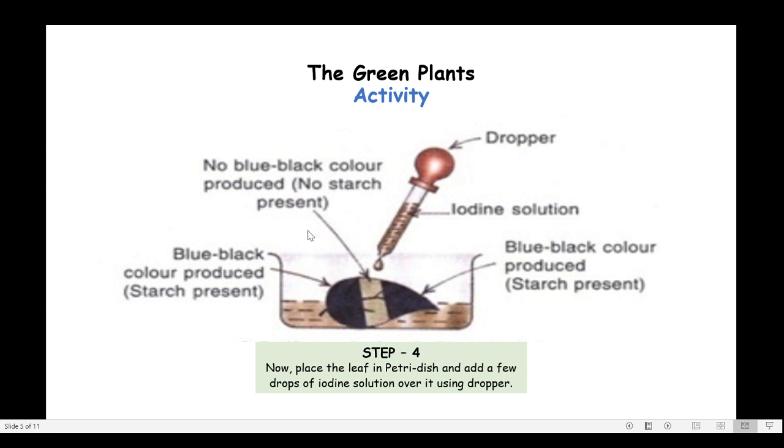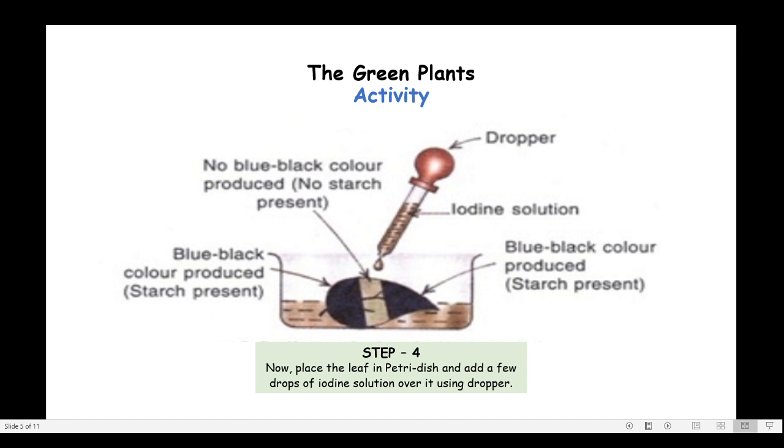And no blue-black color is produced on the part which we had covered with the black paper, which was not exposed to the sunlight. That means that part of the leaf was unable to make starch. That means sunlight is very much necessary to make food.